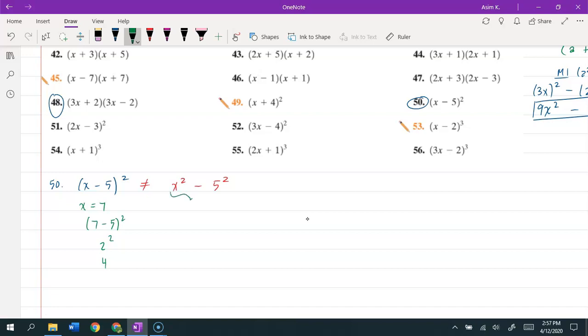Whereas if you had made this incorrect connection, you would have said that x minus 5 squared is the same thing as 7 squared minus 5 squared, which would have given you 49 minus 25. And 49 minus 25 is certainly not 4, right? It's more like 24.